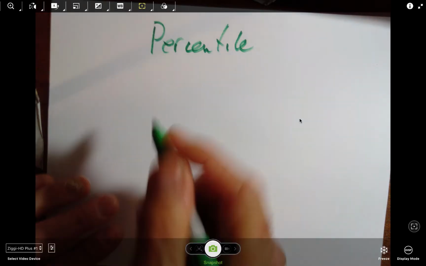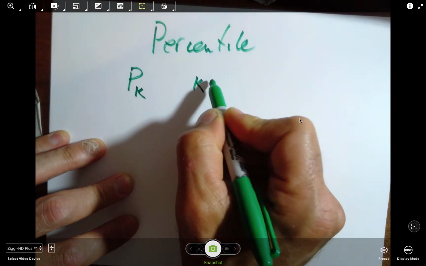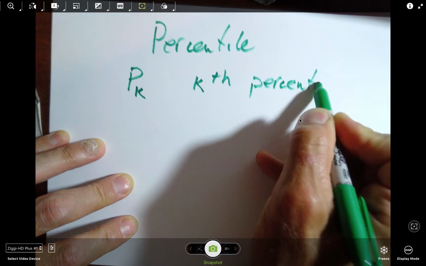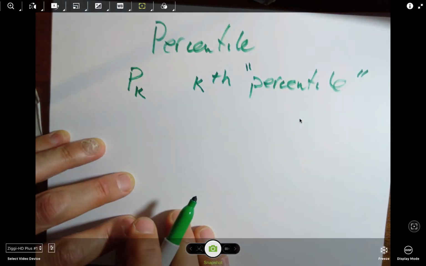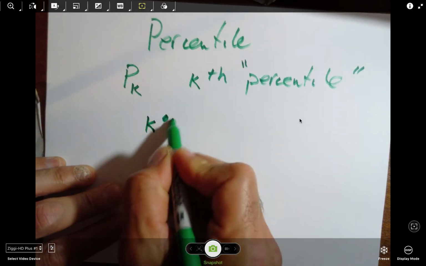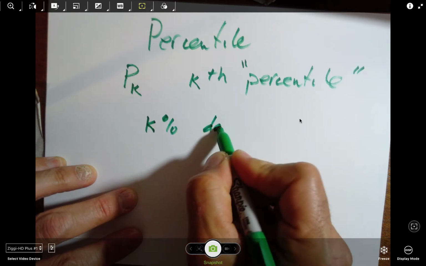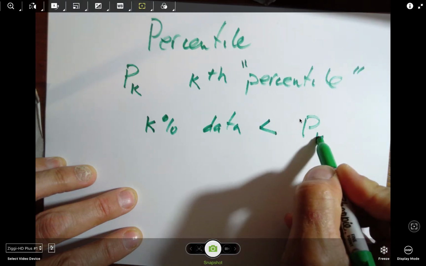Percentile value. We're going to look at P sub k, which is the kth percentile. It's a data value such that k% of the observations are less. So k% of the data is less than P sub k.